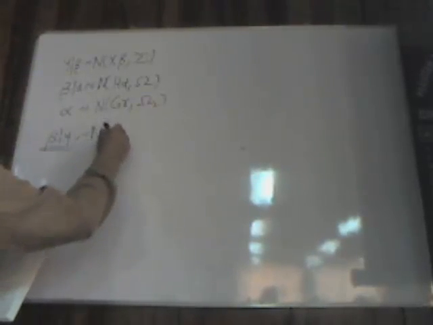Now basically what the theorem says is that this is normal with these means and covariances, where D inverse is the precision matrix, which is the sum of two precisions.